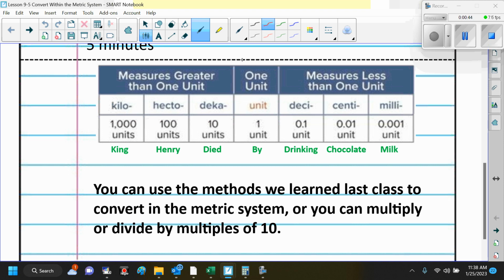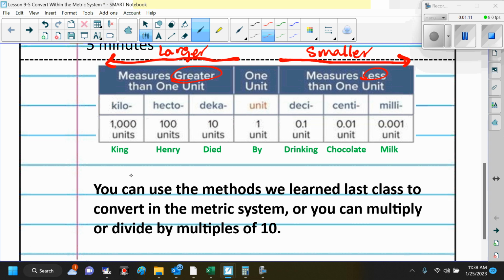Okay, so in this direction, we've got larger units. Those are the greater ones. And to the right, we have the smaller ones. So this is less than 1 unit. So larger over here and smaller over here. Is everybody clear? Yep. Okay.